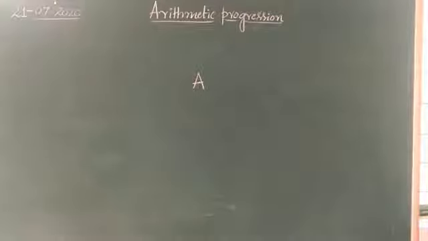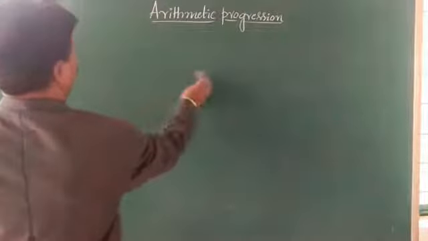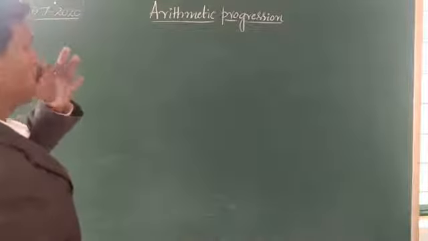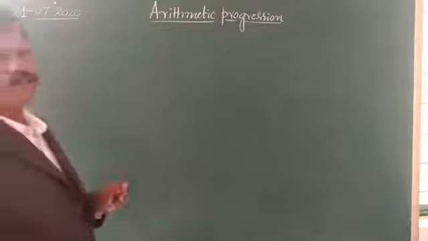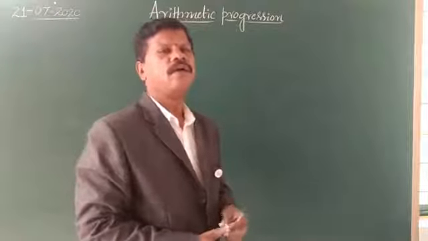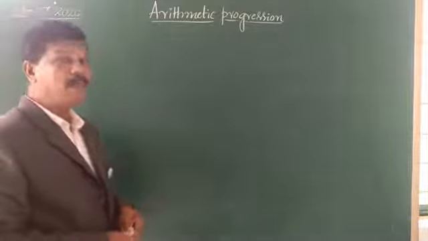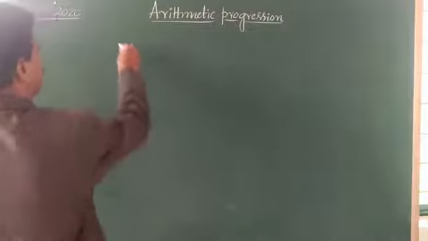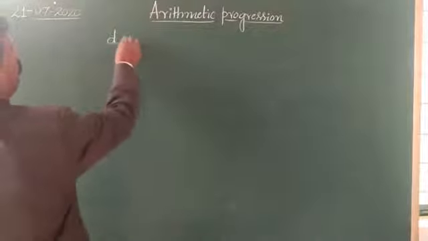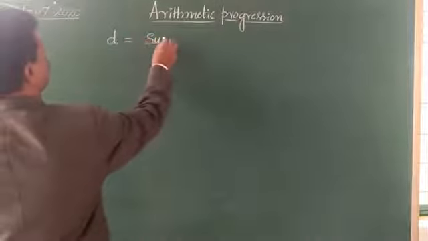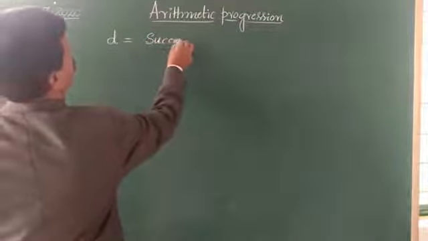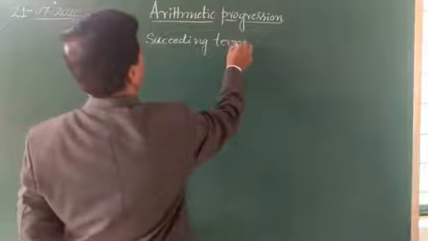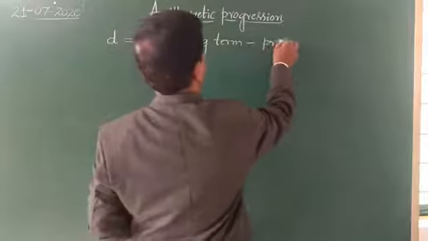The next is, we know the definition of arithmetic progression, right? To say whether the given set of numbers is in arithmetic progression or not, we should find out the common difference. See, the difference we got is called the common difference, and it is denoted by D. The formula is succeeding term minus preceding term.